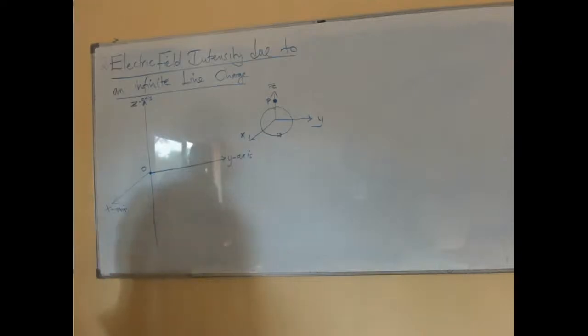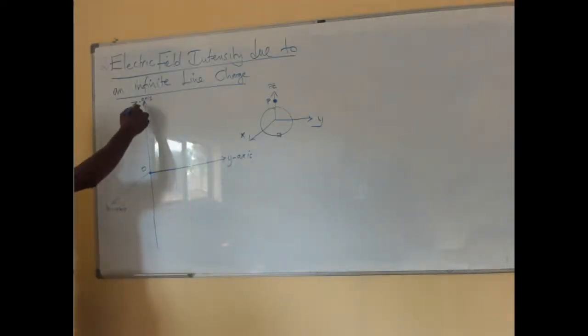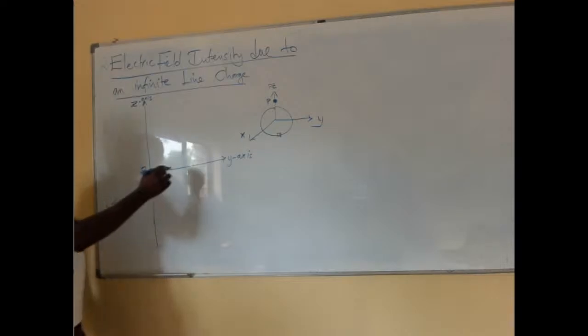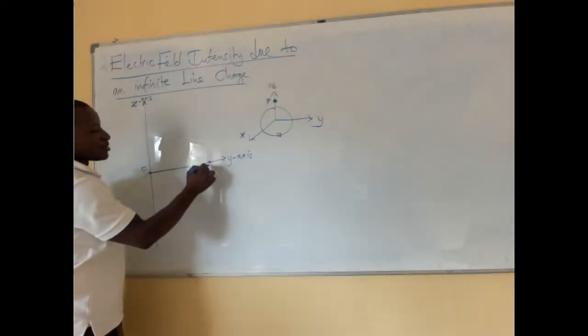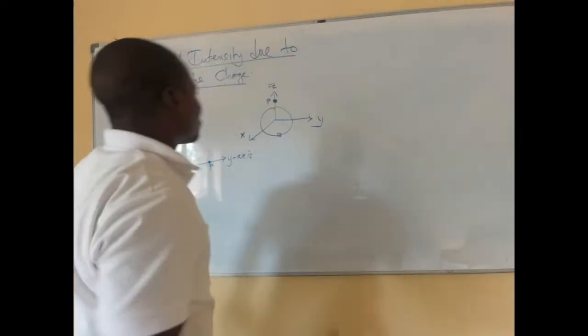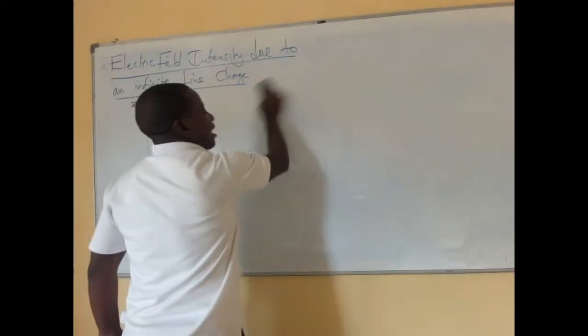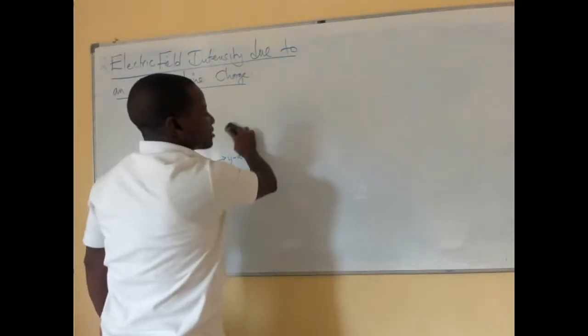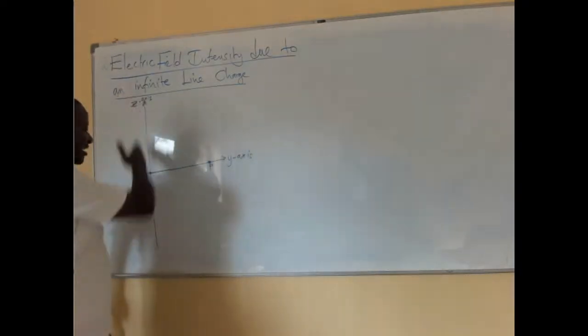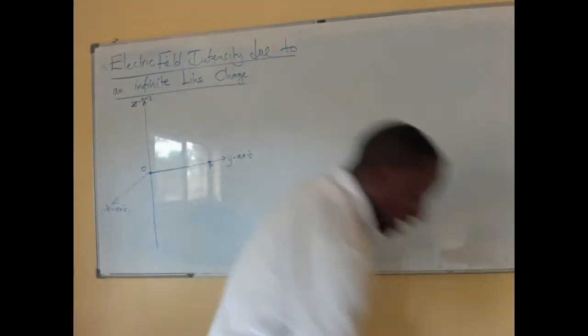In the same manner, since the line is along the z-axis, we shall pick a point, which we are calling point P, on the y-axis, so that we can determine how much charge we are able to get from this line that has been charged.